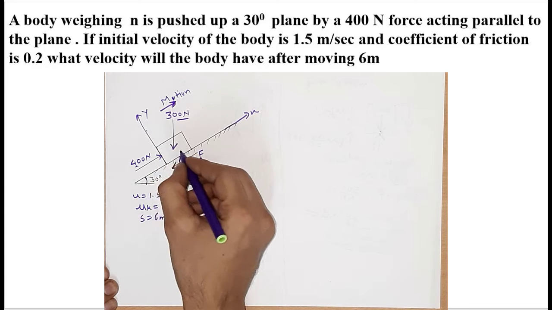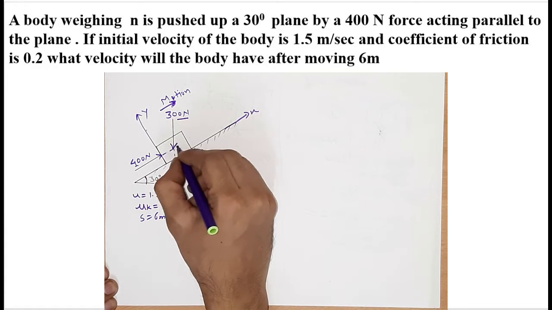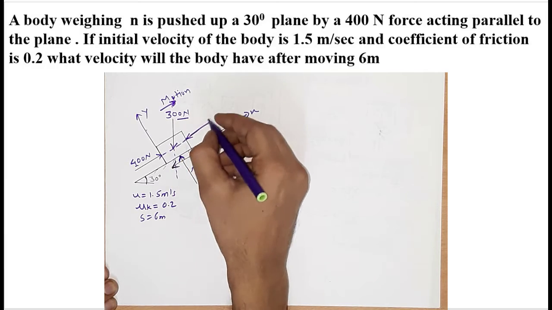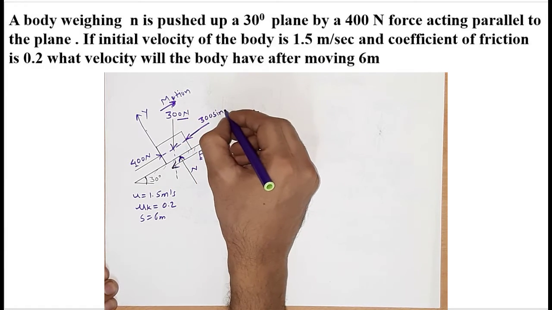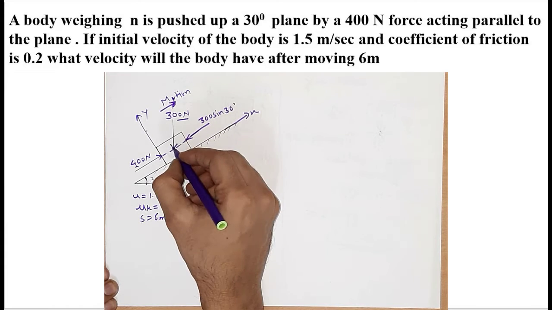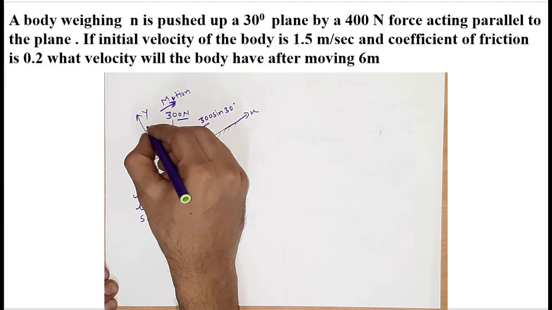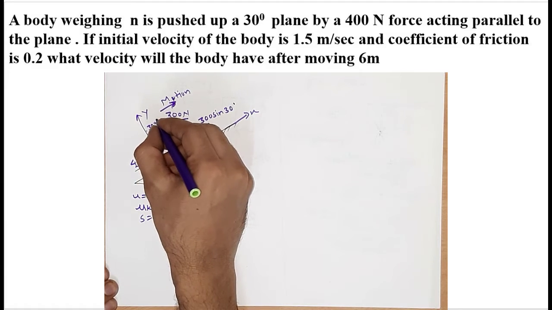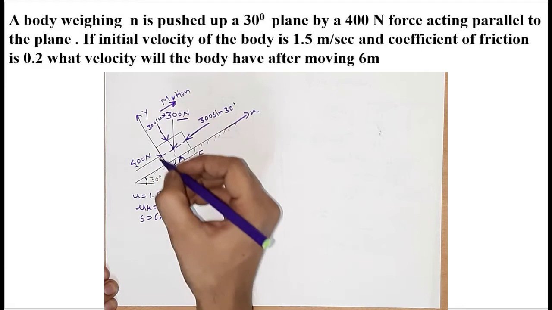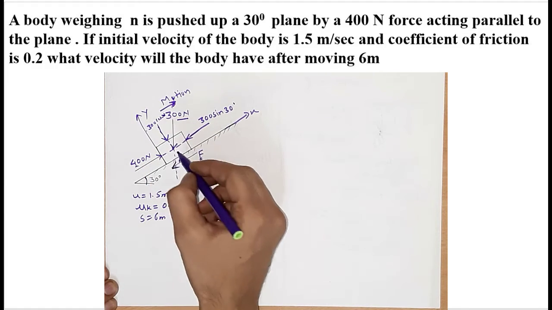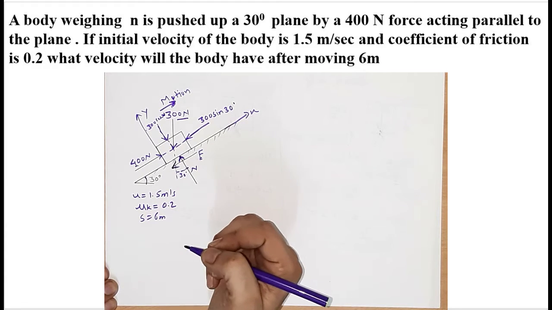The 300 Newton force is the weight of the body, so we resolve it like this: 300 sin 30-degree and another component 300 cos 30-degree. Again this angle will be 30-degree.